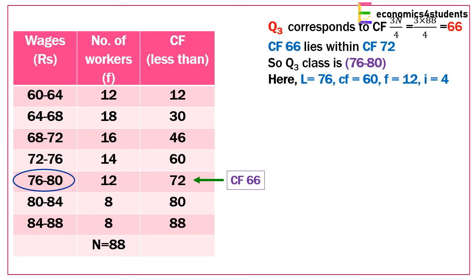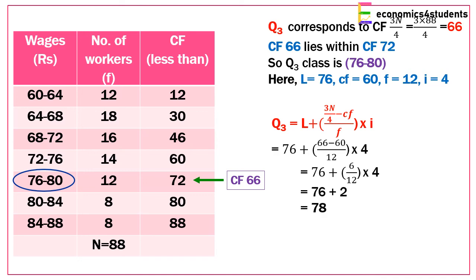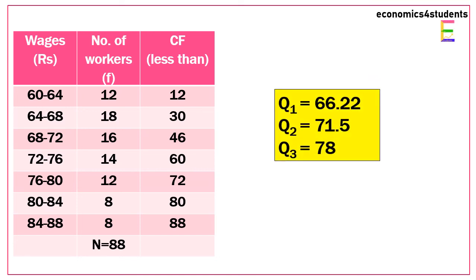We substituted these values in the formula Q3 is equal to L plus (3n by 4 minus Cf) by f into I, and found that Q3 is equal to 78. Therefore, the final answer for this problem is Q1 is equal to 66.22, Q2 is equal to 71.5 and Q3 is equal to 78.